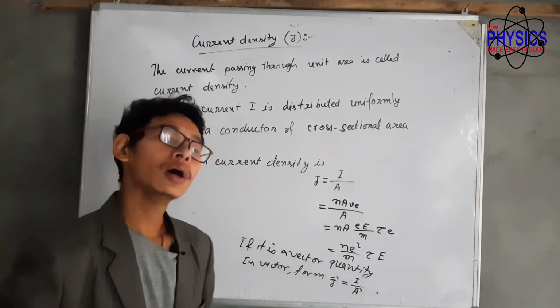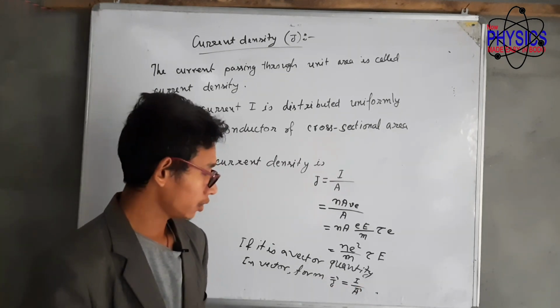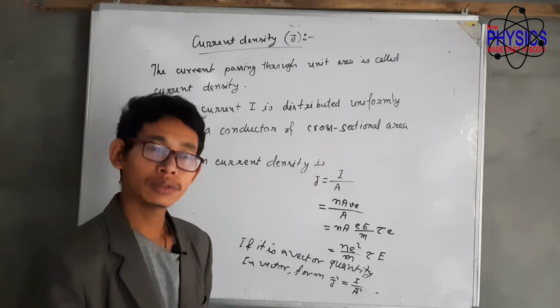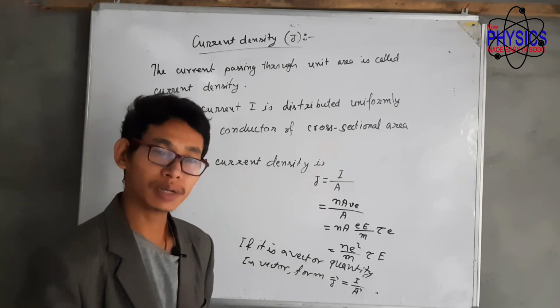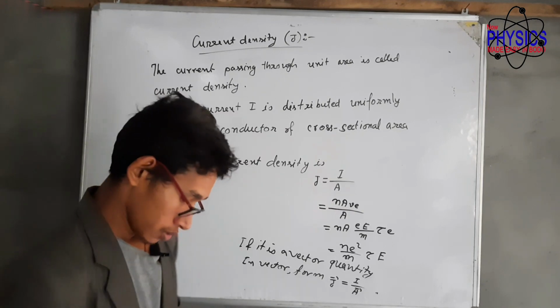So what will be the unit? Unit of current I is ampere. Unit of area is meter square. So the unit is ampere per meter square.